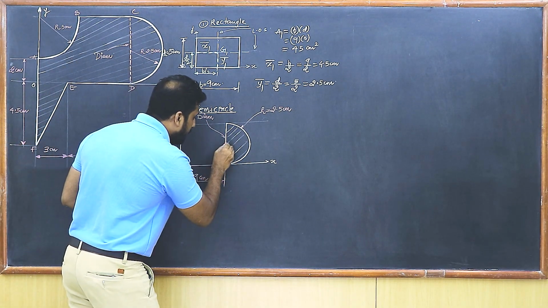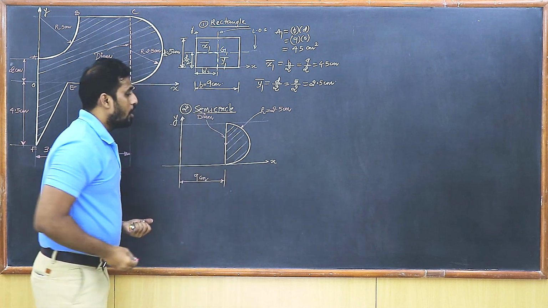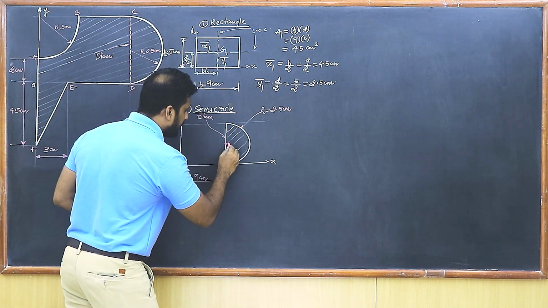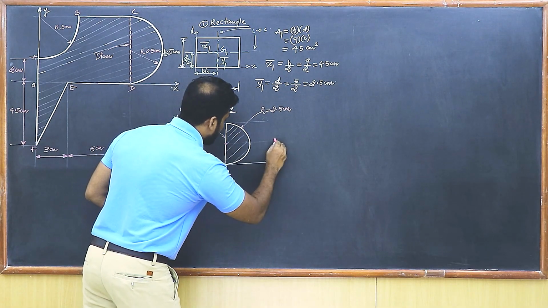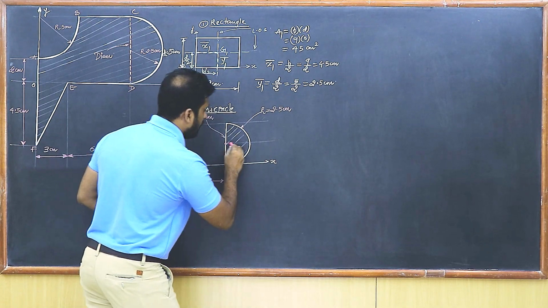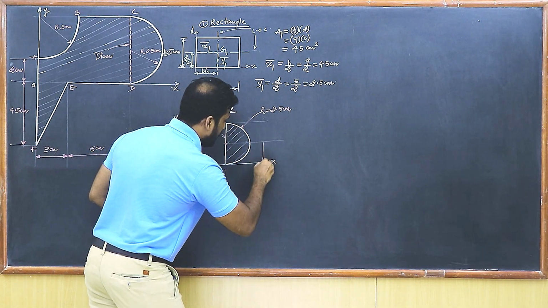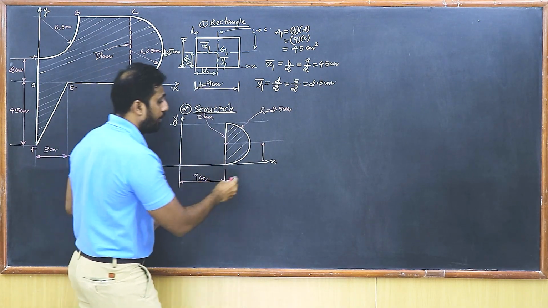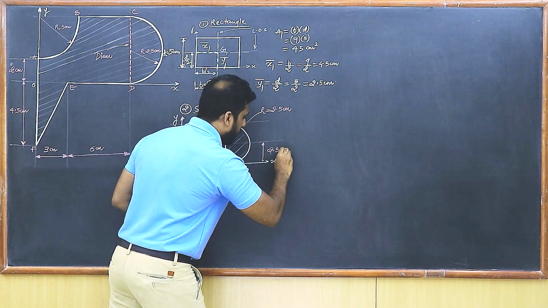Now, look at the center, students. This is the center of the semicircle. Now, what is the distance of this semicircle? You can very easily understand. The distance of the center for this semicircle is going to be the same as the radius, isn't it? Radius is 2.5. So this distance is 2.5 centimeters.